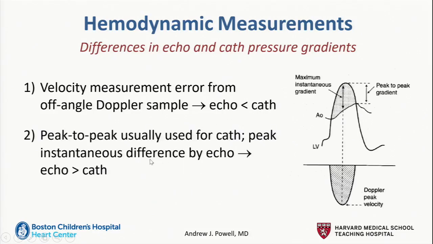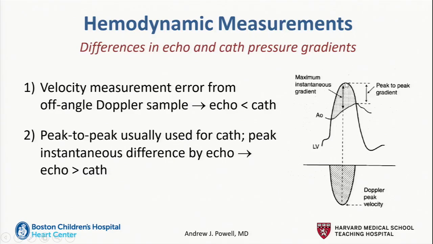Number 2 is that in the cath lab, you're typically measuring the peak-to-peak gradient, whereas in the echo lab, when you do Doppler, you're typically measuring the peak instantaneous gradient. Let me go through that in a little more detail with this diagram. This is a patient with aortic stenosis. Here we have an LV pressure trace, and then the pressure trace in the aorta. You can see the pressure's higher in the LV and then lower downstream, distal to the obstruction in the aorta.